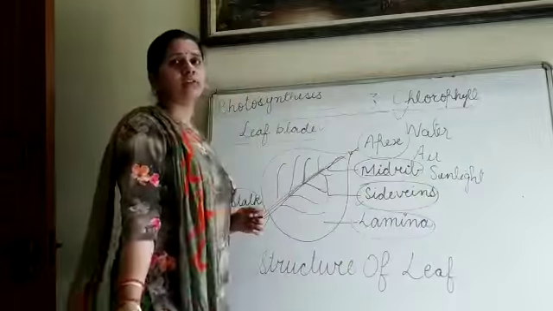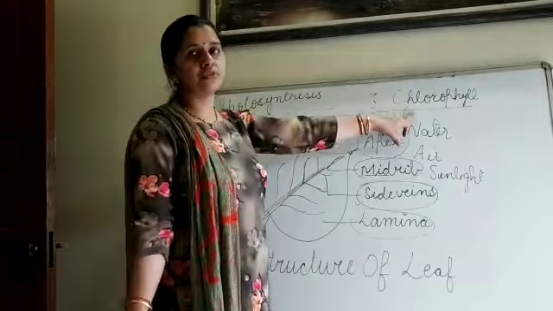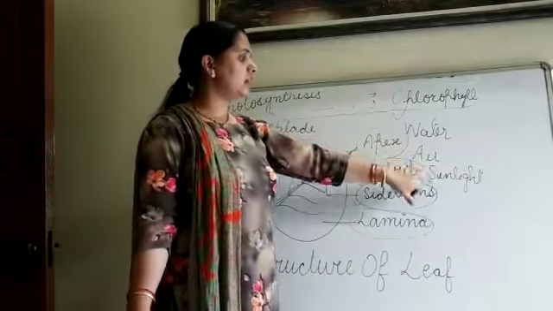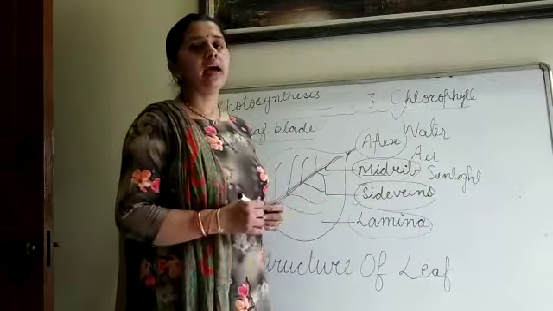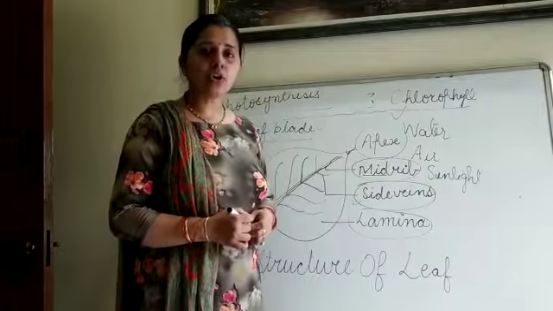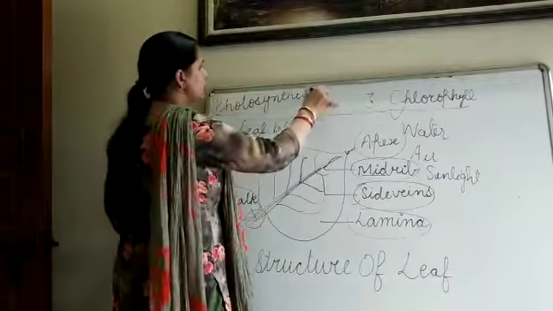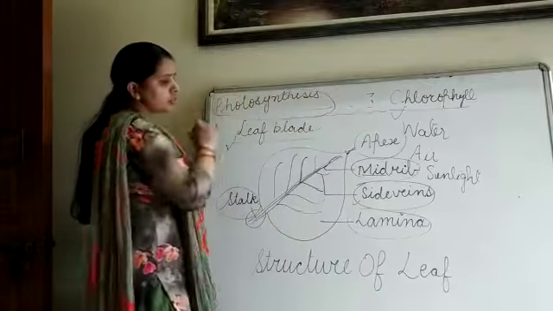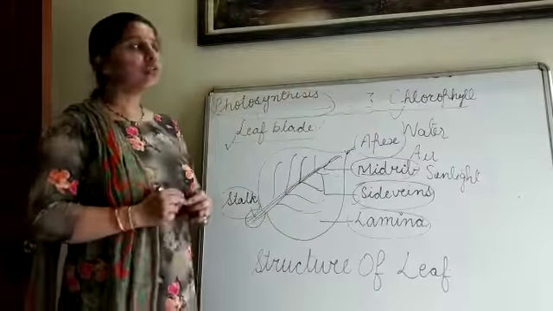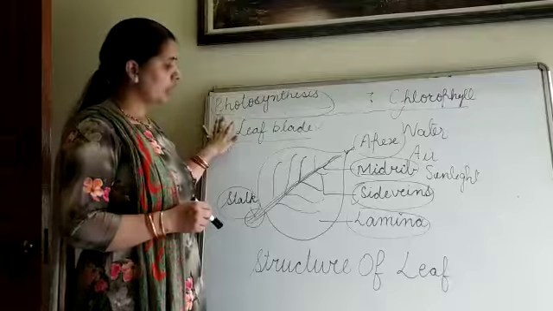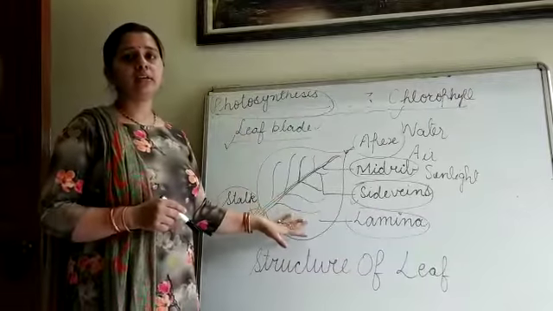The leaf makes food by chlorophyll, water, air and sunlight, and the process of making food in the leaf is called photosynthesis. So I have told you what is photosynthesis and the different parts of the leaf.